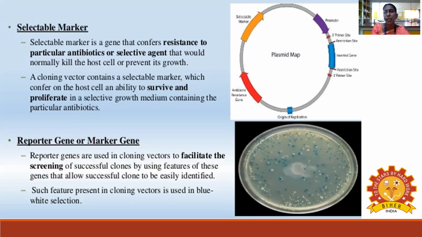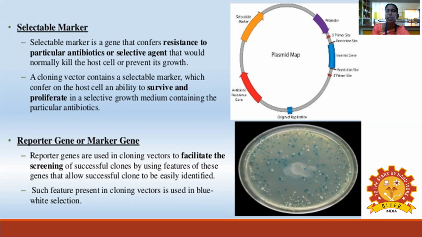How do we select whether recombinant DNA is present or not? The selectable markers. The selectable marker is the gene that confers resistance to a particular antibiotic, or selective agent, that would normally kill the host cell or prevent its growth.